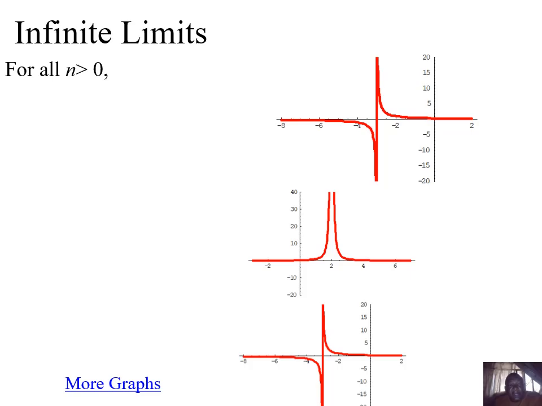If you pick any value a, and this n, the power, is positive, greater than 0, you start substituting different values of x from the positive side of a. Then the reciprocal will always tend to infinity. So you can experiment with any number.